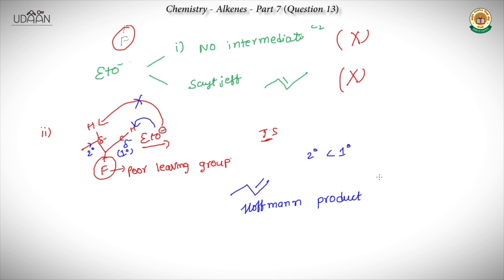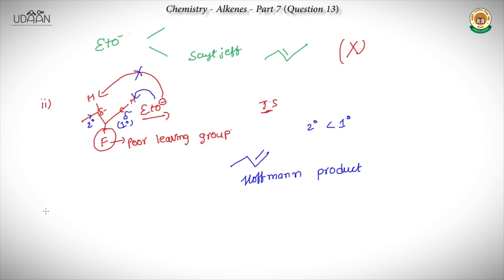Now let's look into the first one where you have a benzene ring and 2 nitro groups attached to it on the ortho and para positions. You also have fluorine here, H and deuterium here. Now you have added the same reagent which is EtO minus.